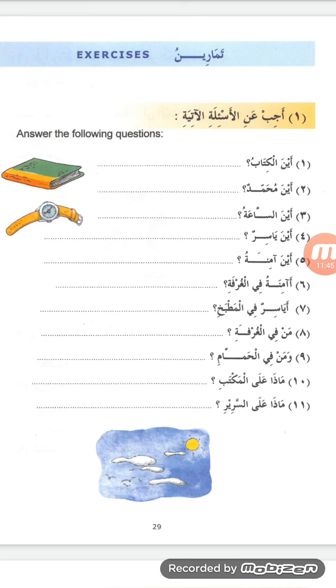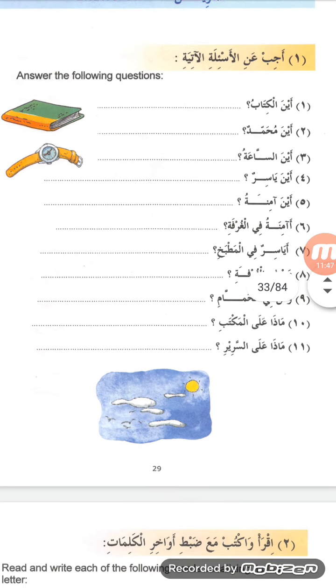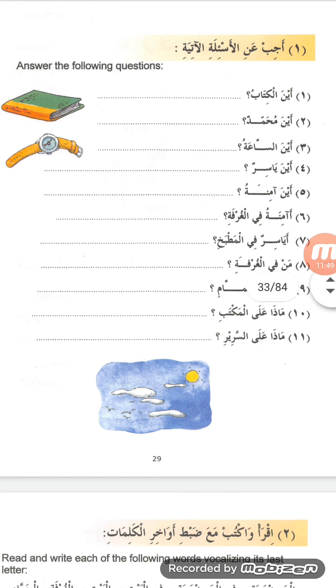Huwa ala al-maktabi, it is on the desk. Aina Muhammad, where is Muhammad? Huwa ala sariri, or you can say huwa fil ghurfati, he is in the room. Fi means in, al-ghurfa, the room.